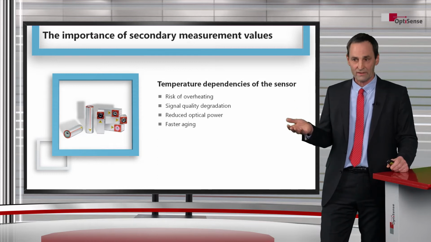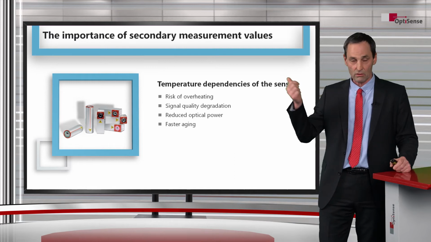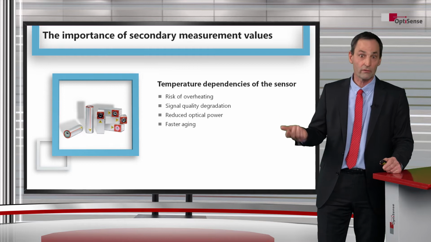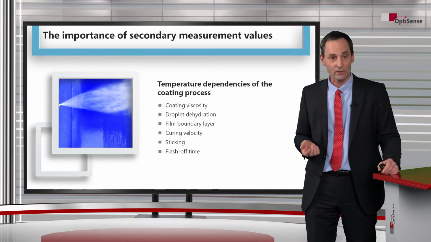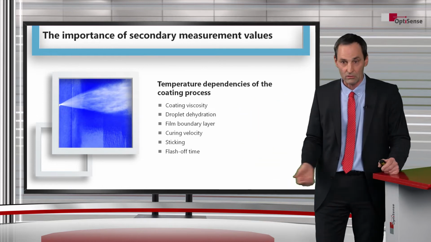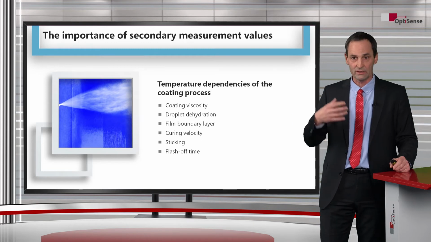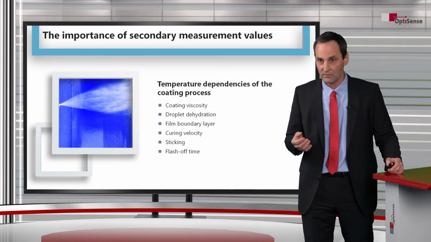So first thing, of course, for us, for the sensors, is to look at electronic noise, look at optical power, everything is dependent on temperature, and look at overheating, that is of course clear. Then the people dealing with the coating material would like to know the temperature, because of the coating viscosity and the air humidity, extremely important for wet film applications, everyone knows.